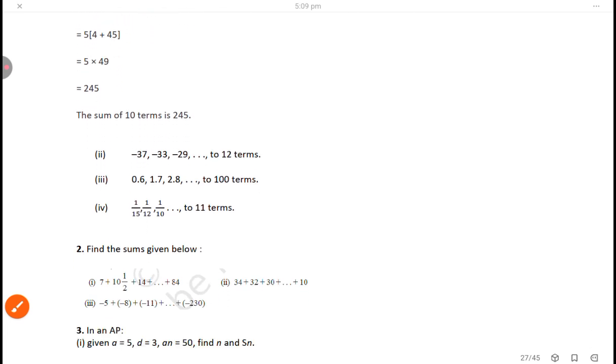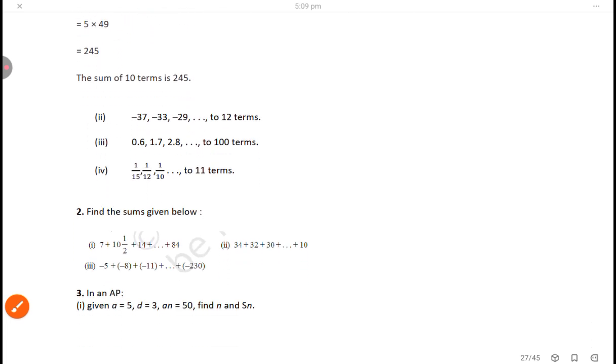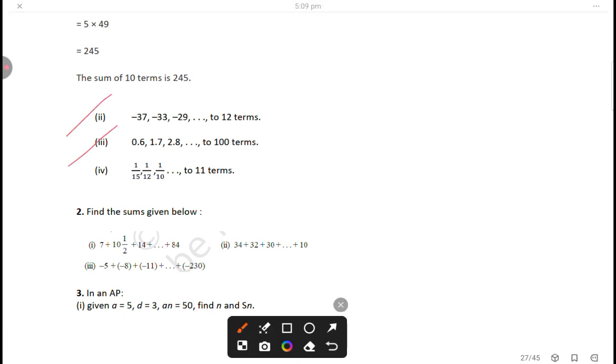So similarly you can do it for the second question, third question and fourth question. Then another question: find the sum of the given terms. First question this, second question and third question.